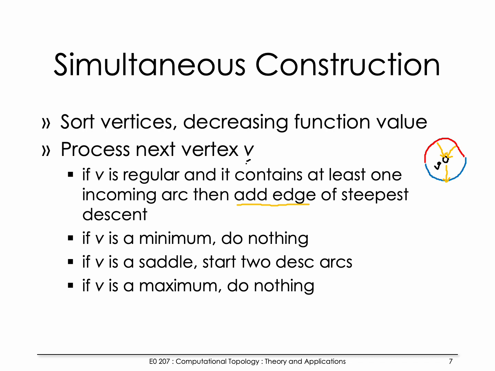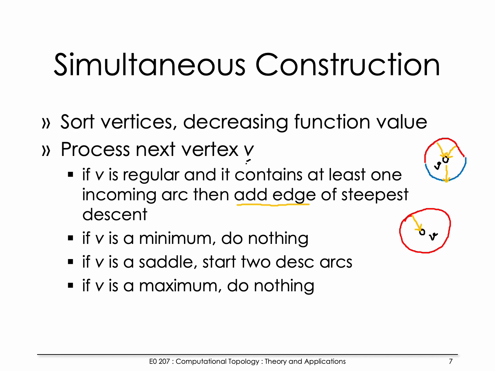Now if V is a minimum, then you know that you are done essentially. Because if V is a minimum, then the link looks like that, and you know that some arc has come here and you terminate.